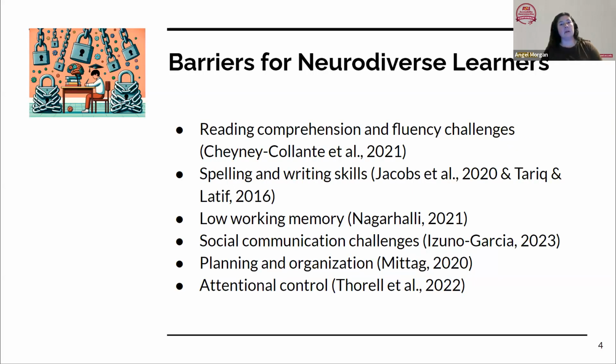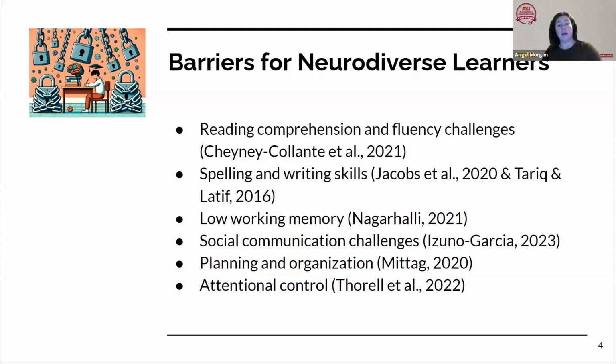Okay, some of the barriers that neurodiverse learners often face are reading comprehension and fluency challenges, spelling and writing skills, low working memory, social communication challenges, planning and organization, and attention control. So we often have learners with dyslexia who have spelling and writing errors, making it challenging for them to express themselves effectively in written form.